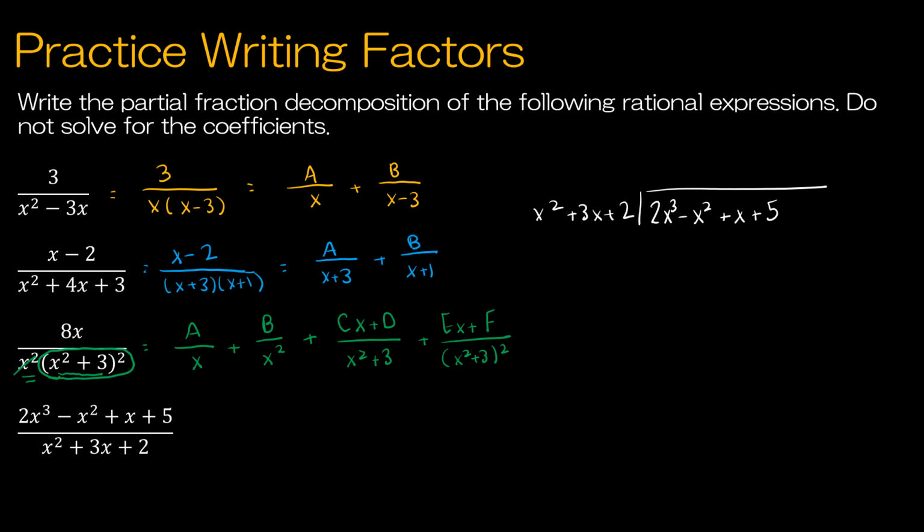Now recall when we learned how to do polynomial long division, we were focusing on first terms. So x squared goes into 2x cubed, or what happens when I take 2x cubed divided by x squared? I would get 2x.